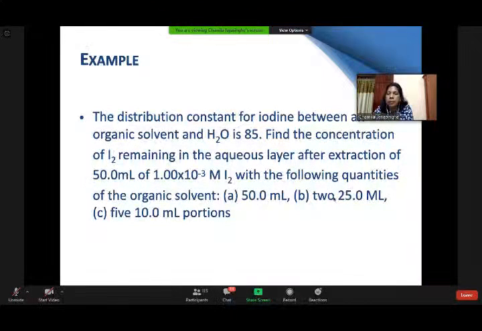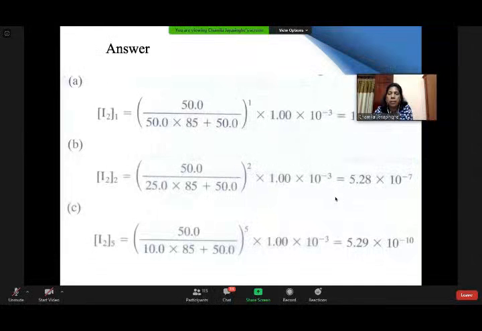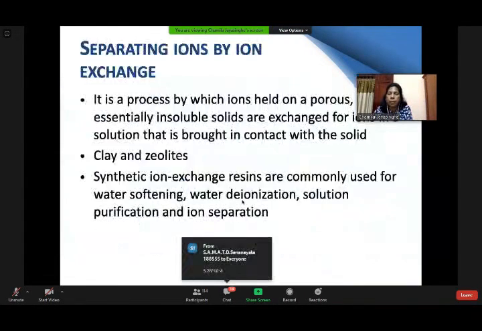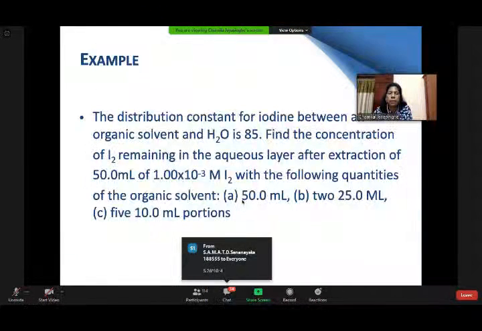Then what would be the answer? Right. So let's see what is the answer. 5.28 into 10 to the power minus 7. Yes, you are correct. You got the second answer for B, 5.28 into 10 to the power minus 7. Now calculate again.